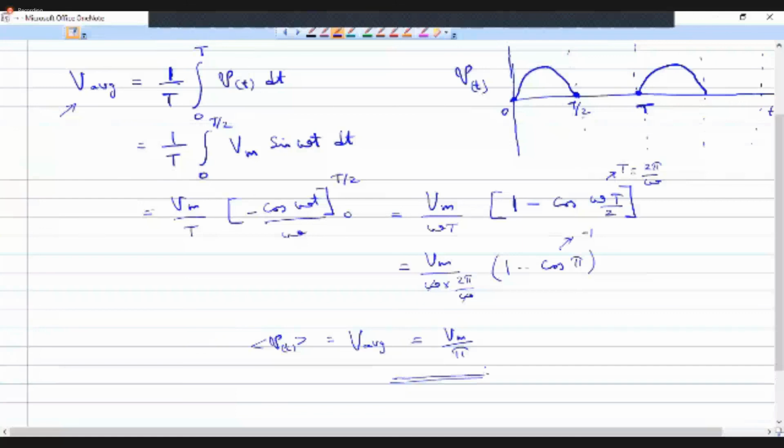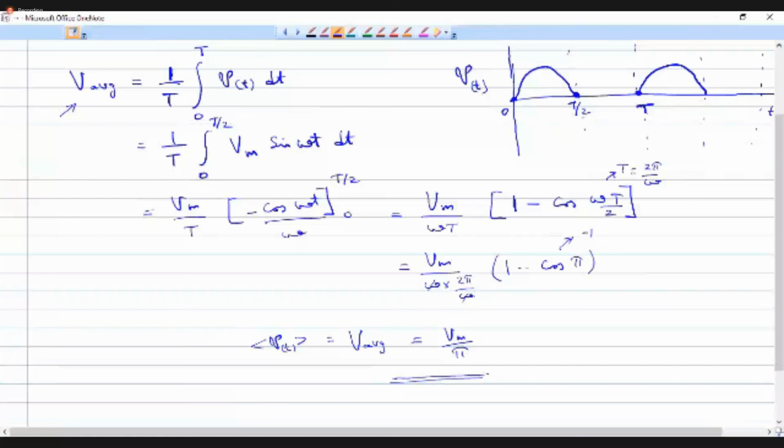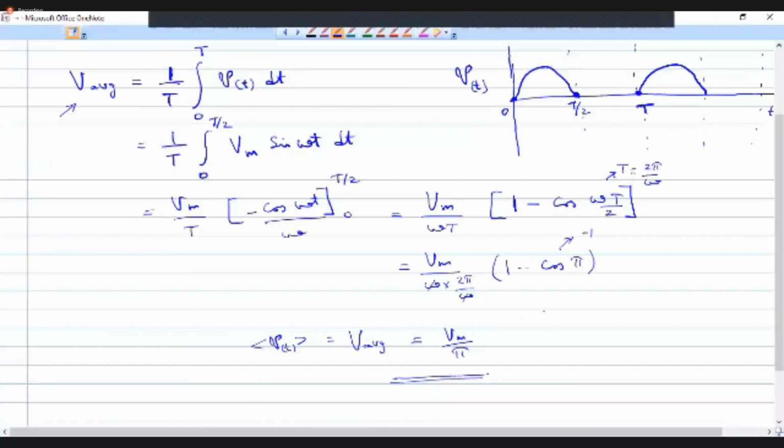So for the full wave, I am leaving it as an exercise for you. You can find out the value for full wave. So full wave rectified voltage will have v of t like this. Okay. So that I am giving as an exercise for you.